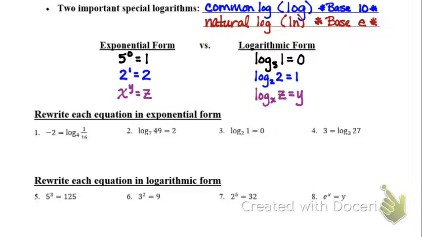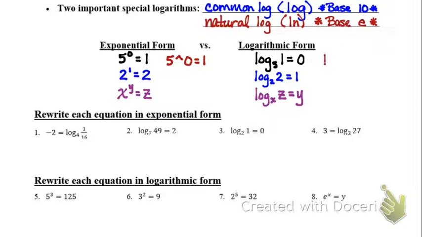Real quick note about how to type things into Canvas in logarithmic form. When we're typing things in exponential form, you know how we use that little caret to mean an exponent? So 5 to the power of 0 equals 1 is how we would write it like this.